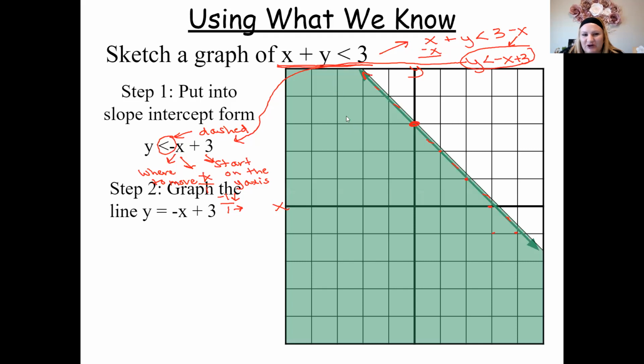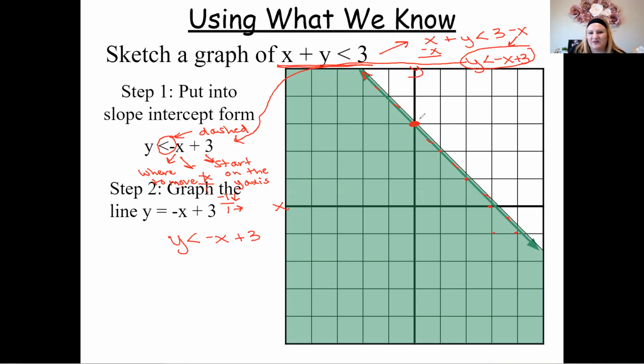We're going to shade below because it says that we want to show all of the y values that are less than.